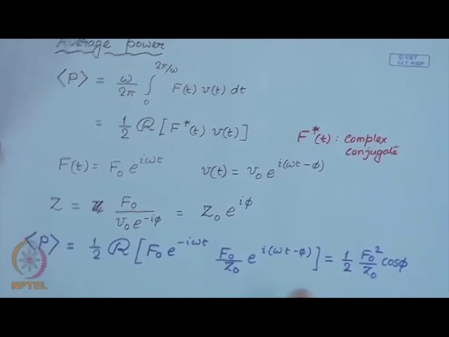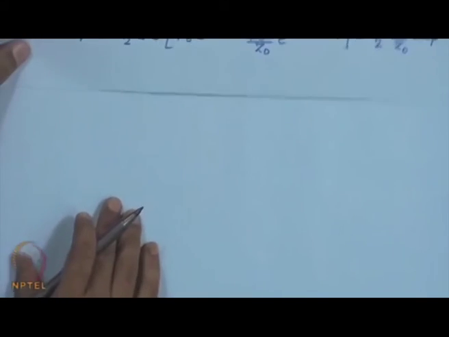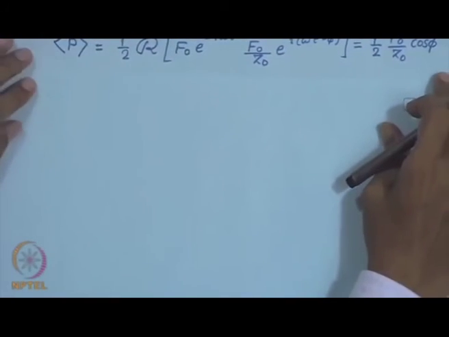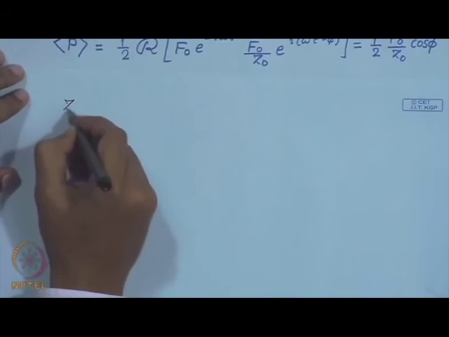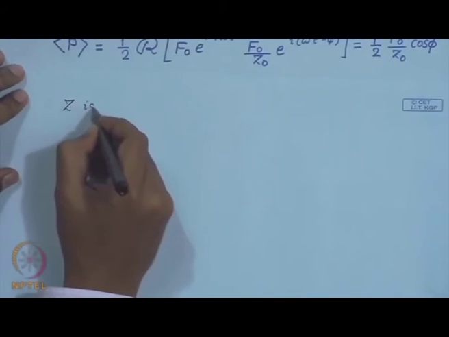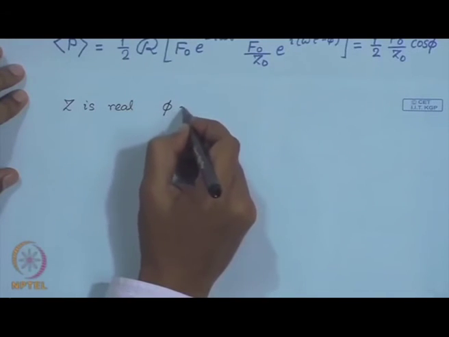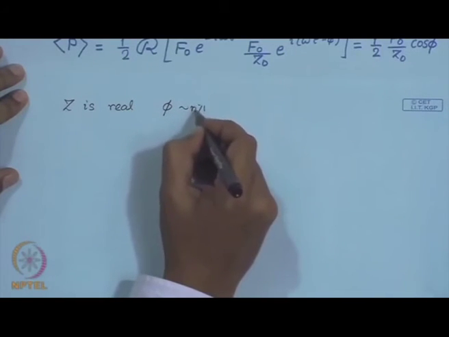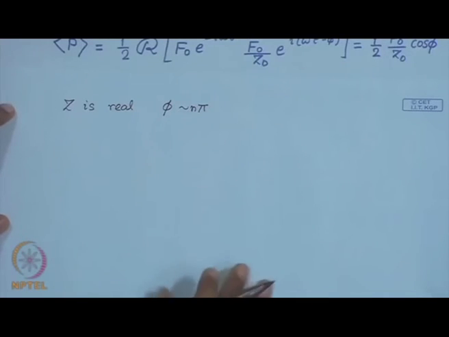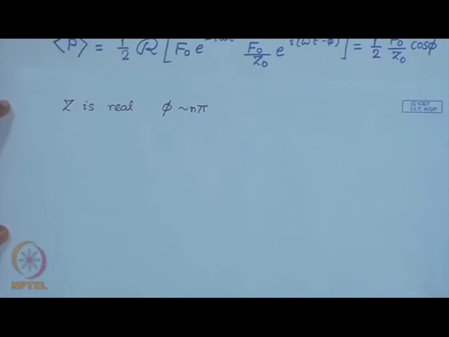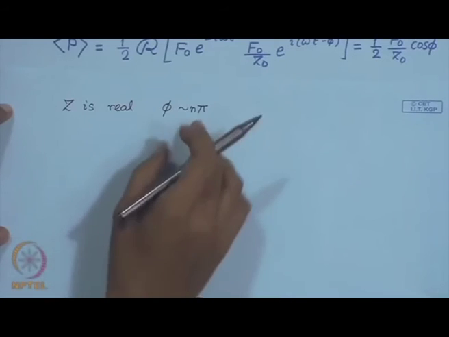So, if z is real, then phi is like n pi. It can be 0, it can be pi, etc. So, depending on the sign.